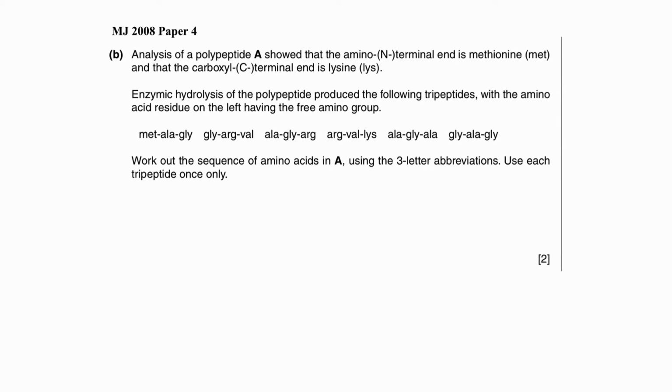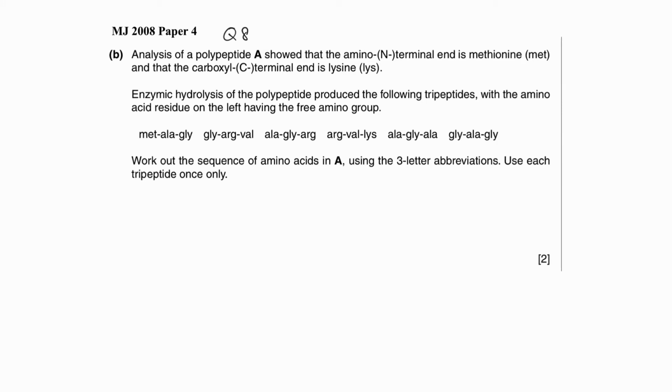Hi, we're going to this question from paper 4, May-June 2008. Question 8b. So the question wants us to come up with the sequence of amino acids for the structure of a polypeptide A, making use of all these tripeptides, where we could only make use of each tripeptide once only.